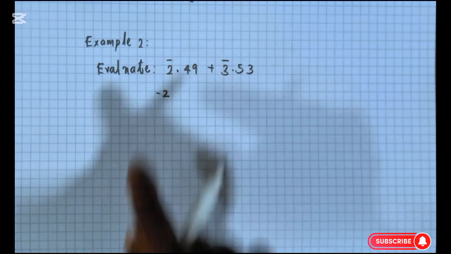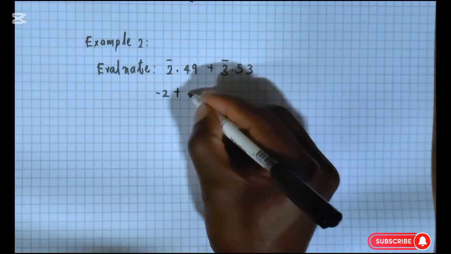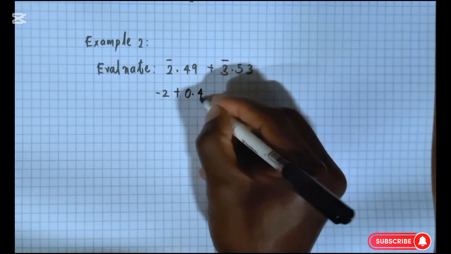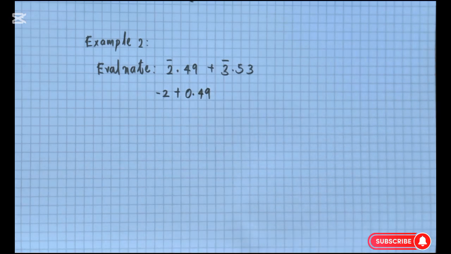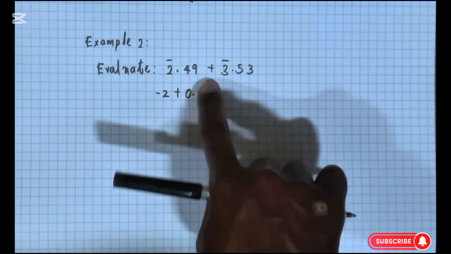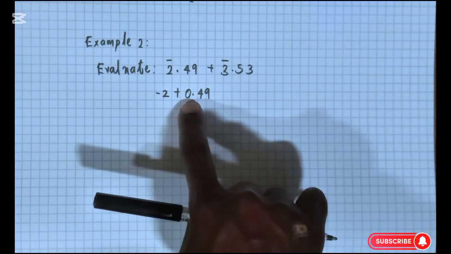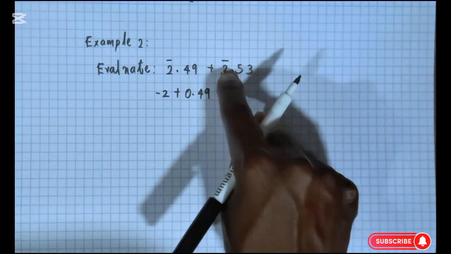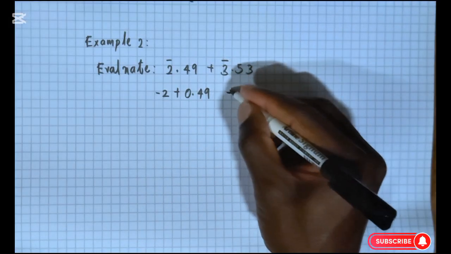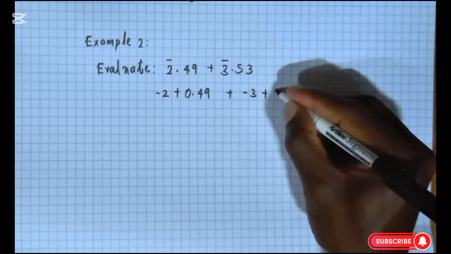So bar 2.49 is written as -2 plus 0.49. This here is the expanded format of bar 2.49. It should therefore make sense that bar 3.53 will be -3 plus 0.53.